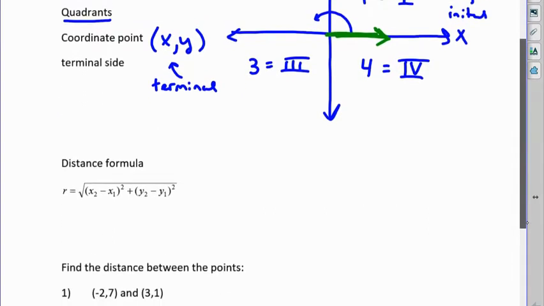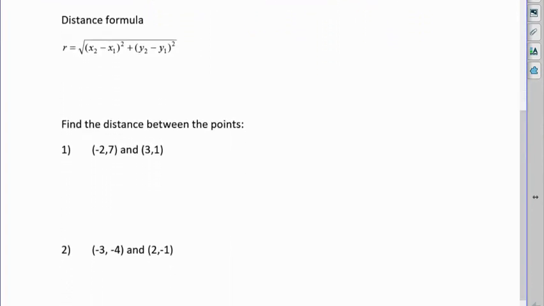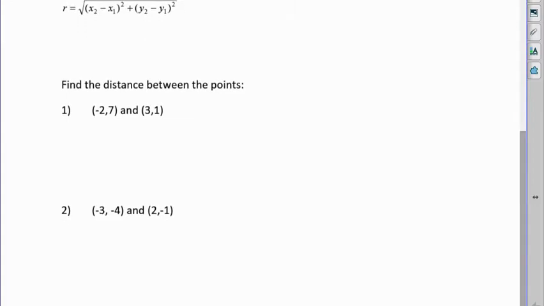Okay, so distance formula. So I'm going to try this formula a couple times with 2 points to just review using the distance formula, but then you'll see on page 2 we'll have angles in standard position.